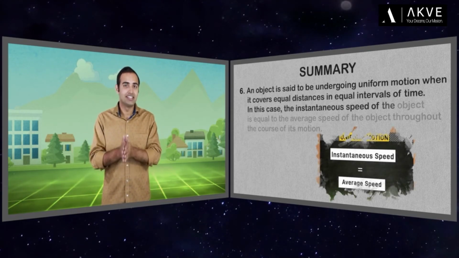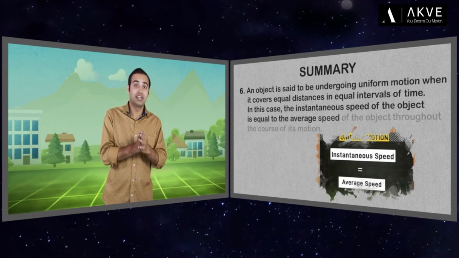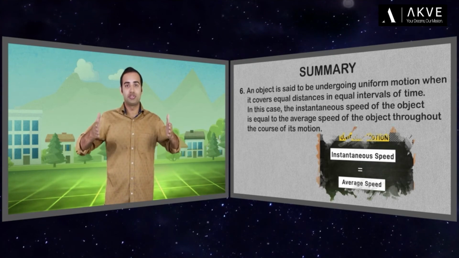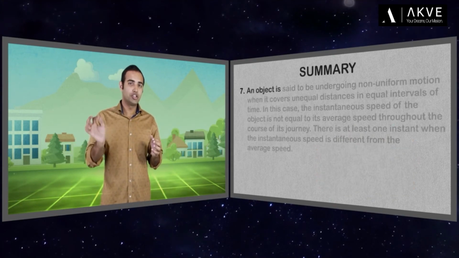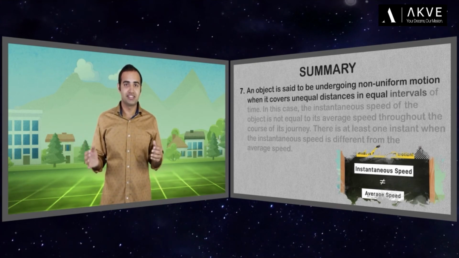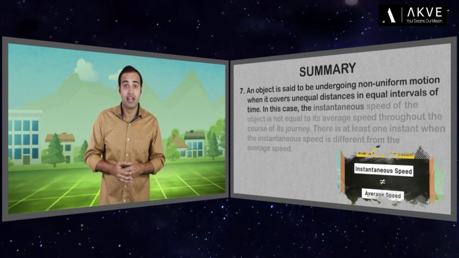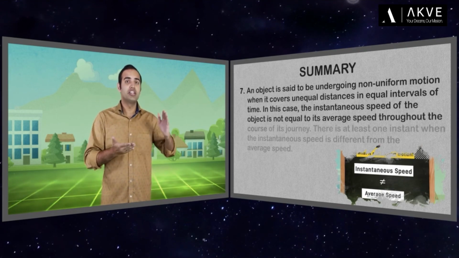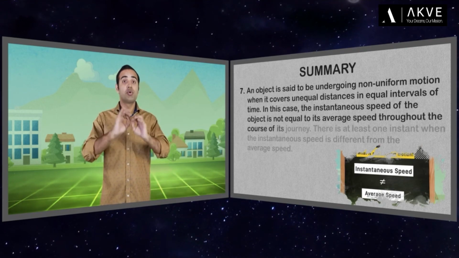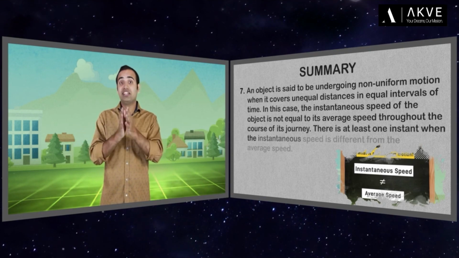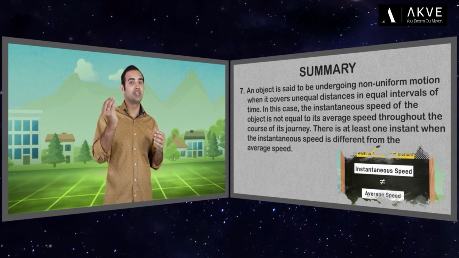In this case, the instantaneous speed of the object is equal to the average speed of the object throughout the course of its motion. An object is said to be undergoing non-uniform motion when it covers unequal distances in equal intervals of time. In this case, the instantaneous speed of the object is not equal to its average speed throughout the course of its journey. There is at least one instant when the instantaneous speed is different from the average speed.